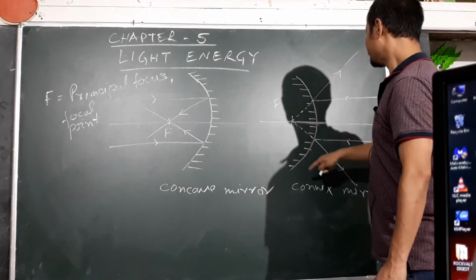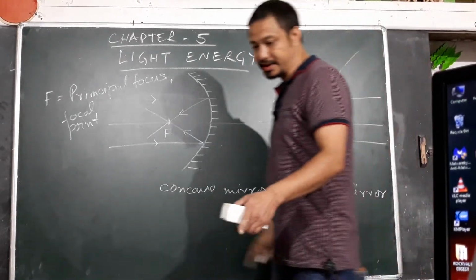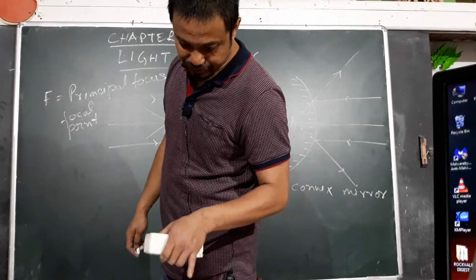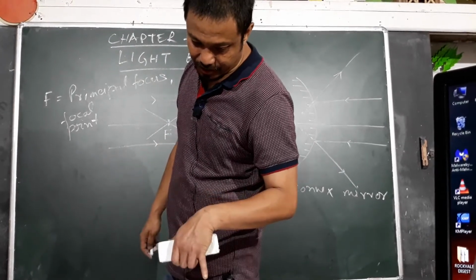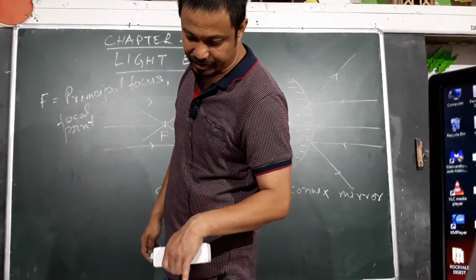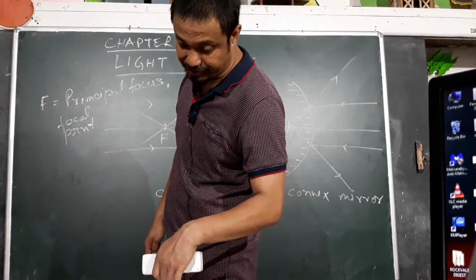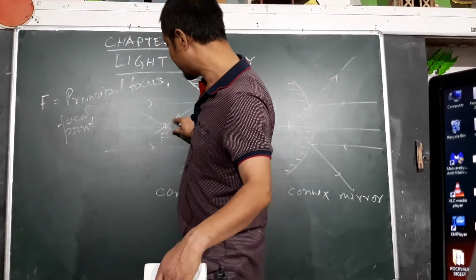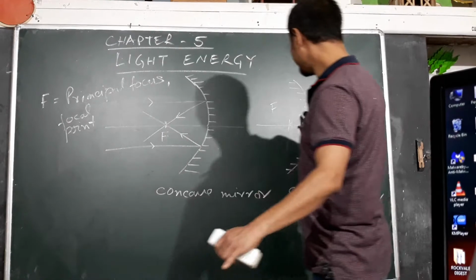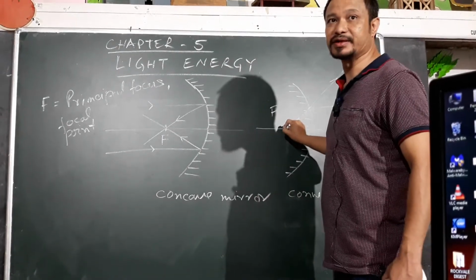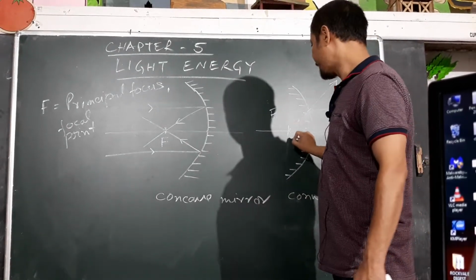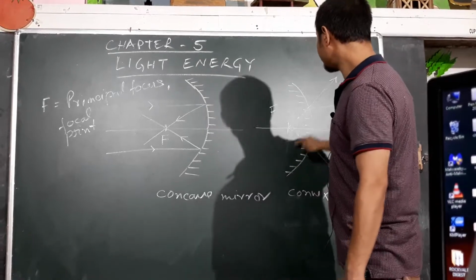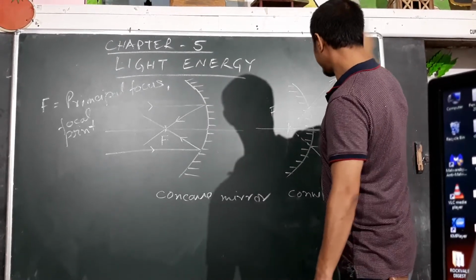Now, this is what it means. If you go by the line, that's why I told you that you have to pay attention. The principal focus is the point on the principal axis where all rays of light parallel to the principal axis meet or appear to meet. This is the difference between a concave mirror and a convex mirror. In a convex mirror they actually don't meet, they bounce off, they go away.